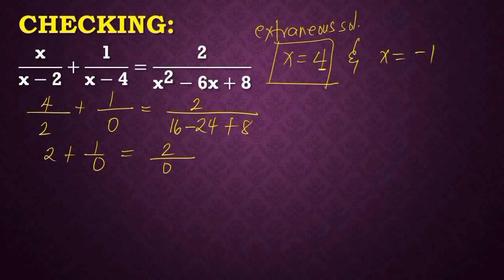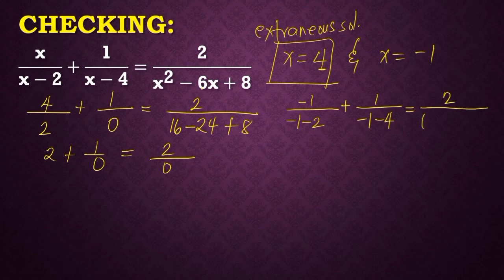Next, try naman natin yung negative 1. Negative 1 all over negative 1 minus 2 plus 1 all over negative 1 minus 4 equals 2 over negative 1 squared minus 6 times negative 1, that is positive 6, plus 8. Okay?